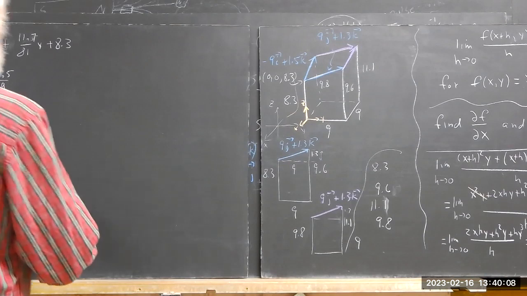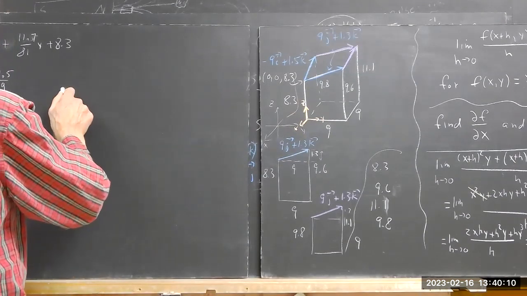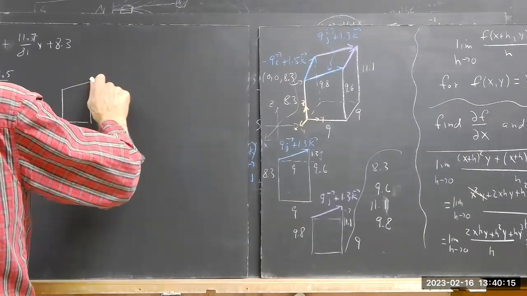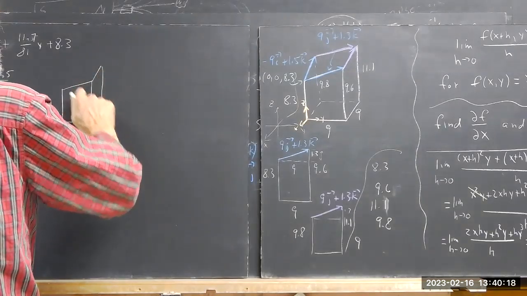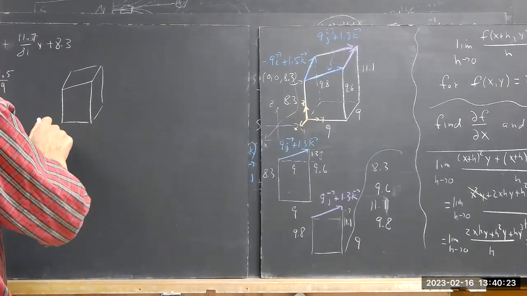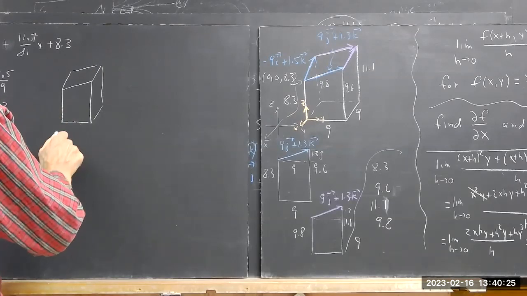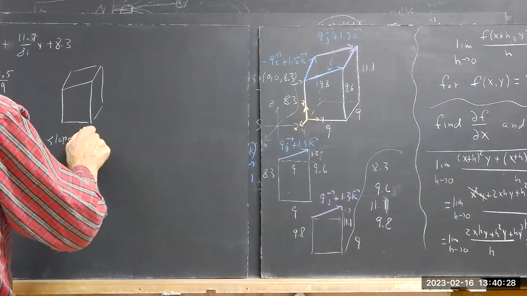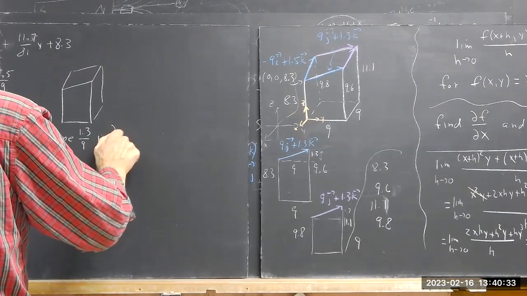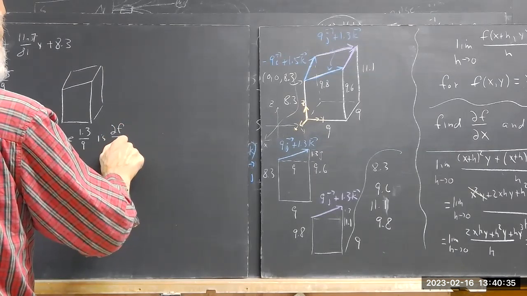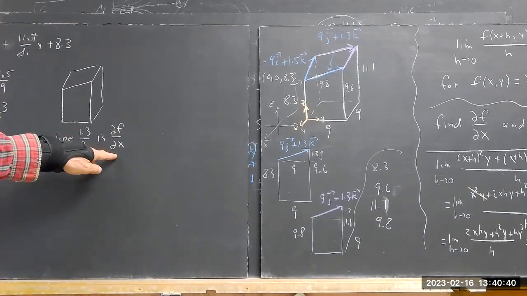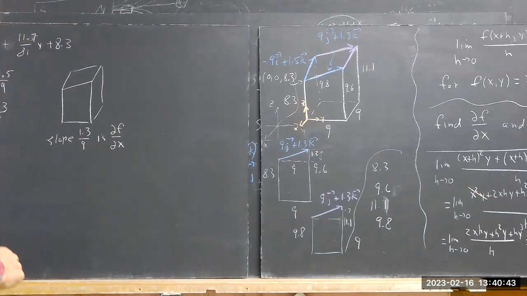So the slope 1.3 over 9 is a partial derivative with respect to x.